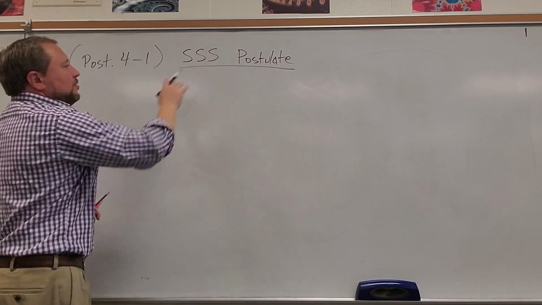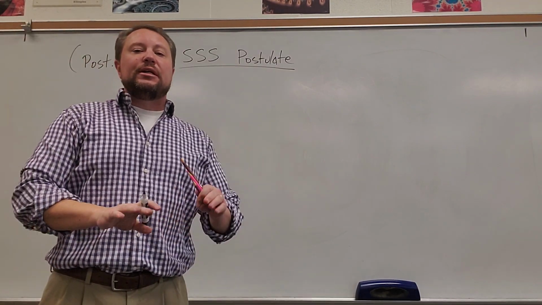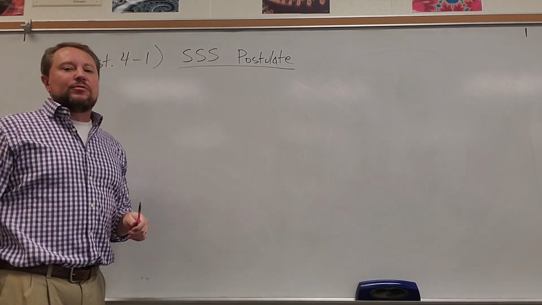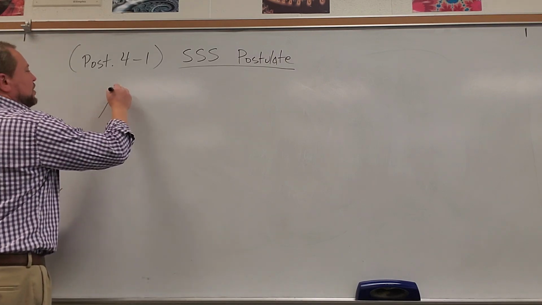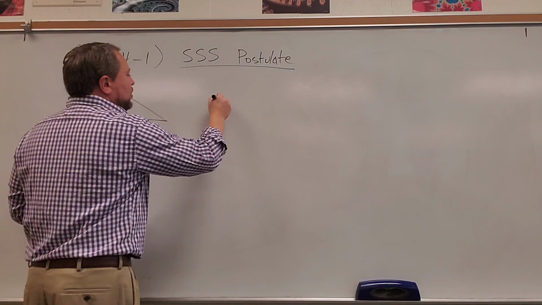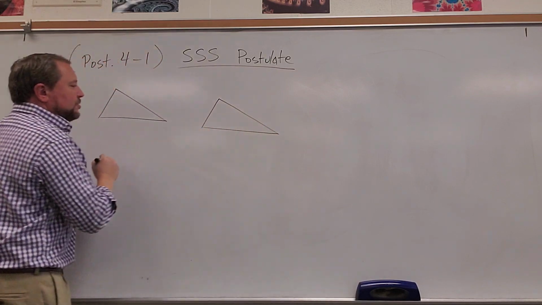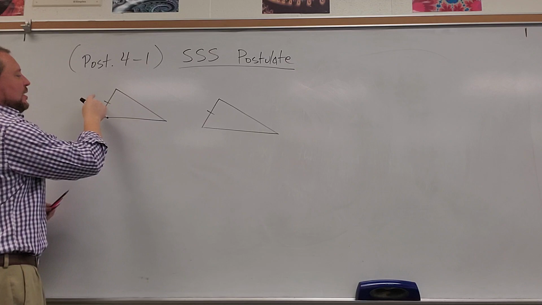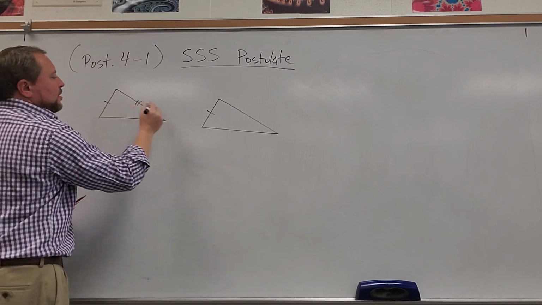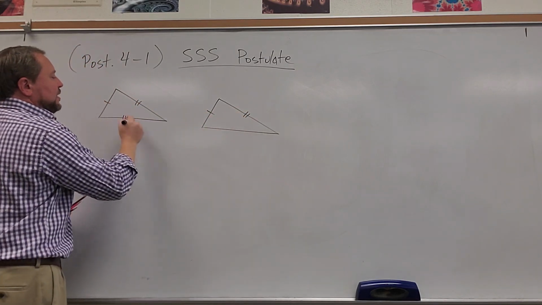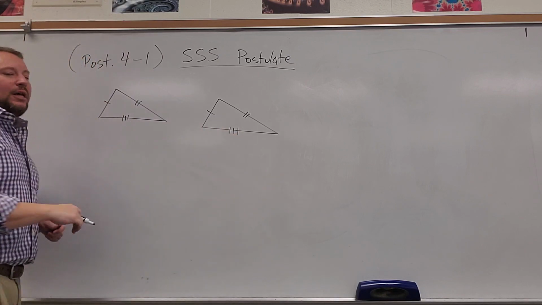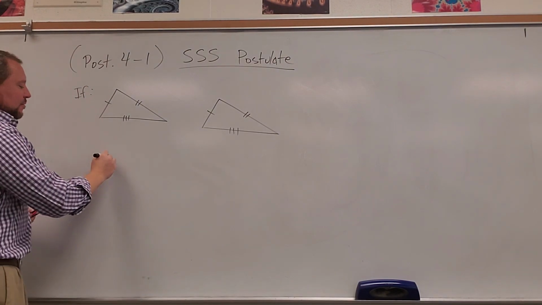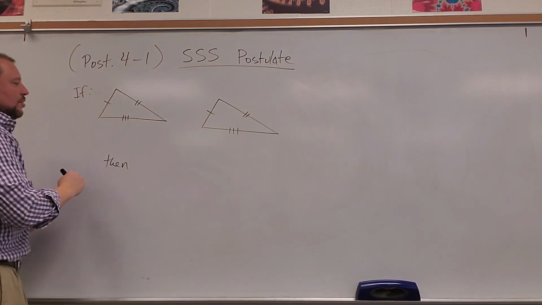Okay, so what they're trying to say is that actually we don't need to know anything about any angles. All we need is the sides, and we can prove triangles congruent. So if we have a couple of triangles that I want to prove congruent, like these 2 pictured on the board, if I could show that their corresponding sides, this one and this one match, that one and that one, and finally these last 2 on the bottom, if all of that's true, then I can show the triangles are congruent.